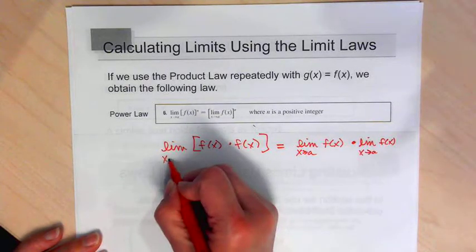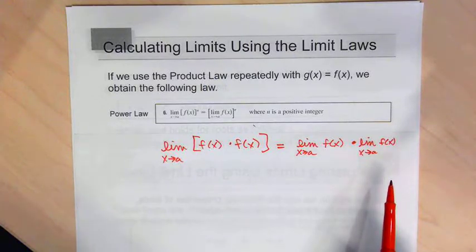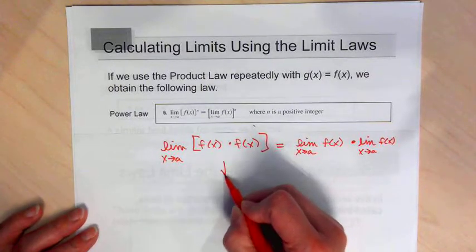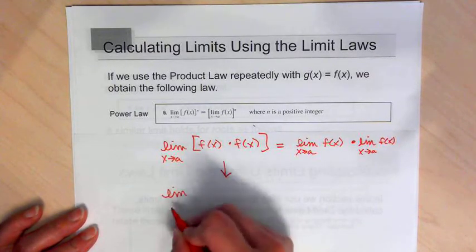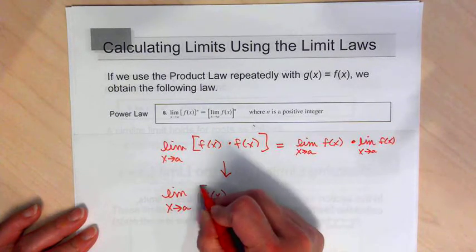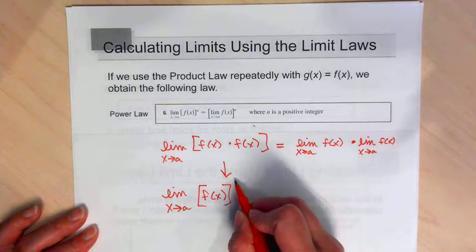The limit as x approaches a of a product of functions is equivalent to the product of those 2 limits. And so we could rewrite this as the limit as x approaches a of f of x squared.